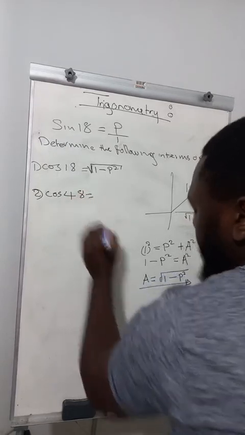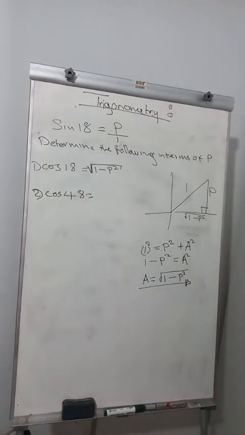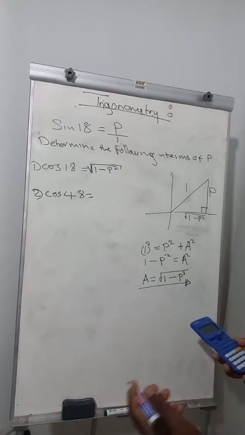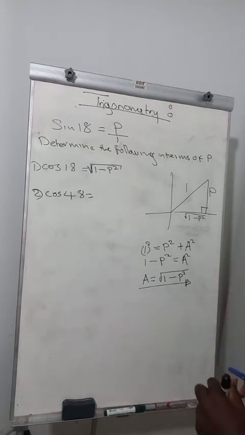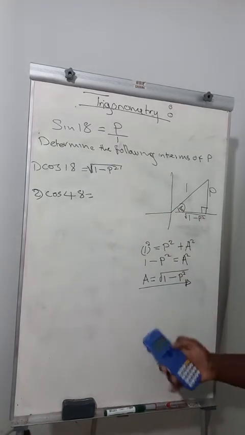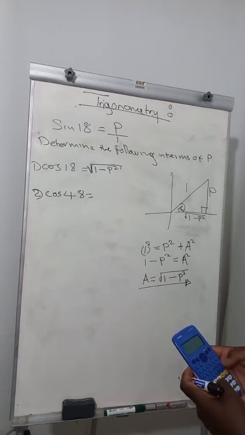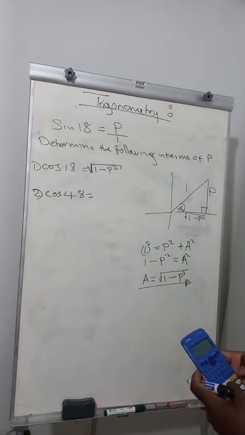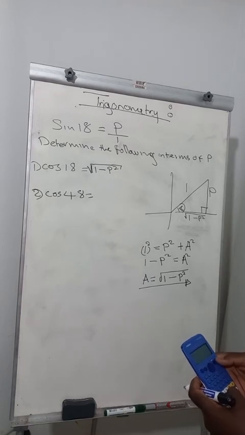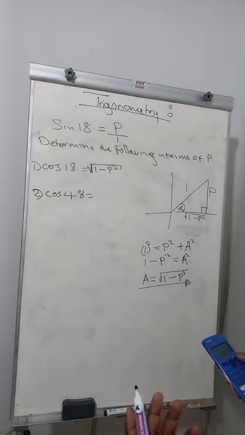The next question says determine cos 48. So based on this, what is cos 48? Let's first check. Here we have 18. Let me check 48 divided by 18. It gives me 8 over 3.